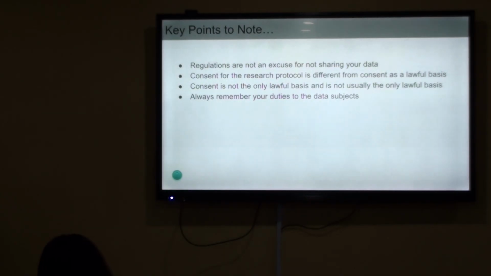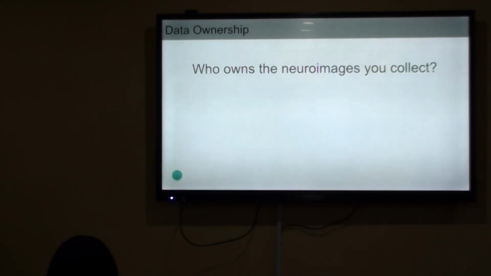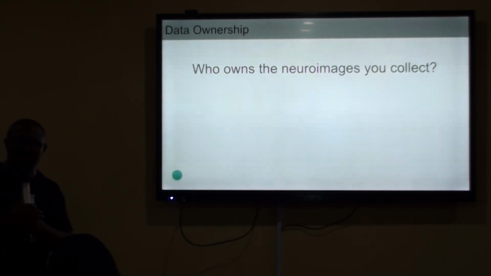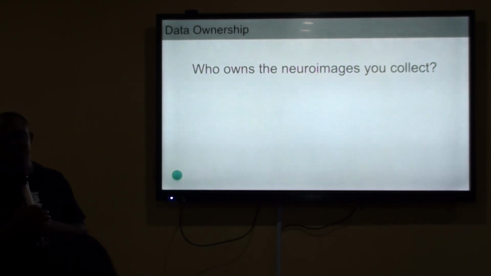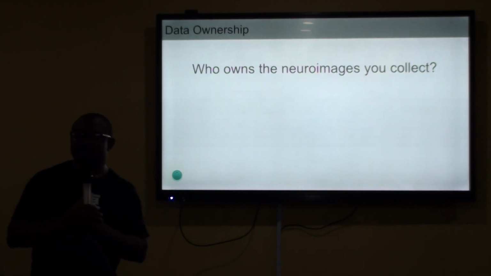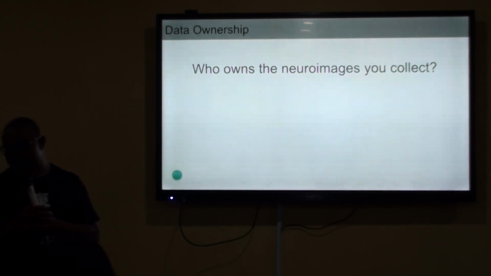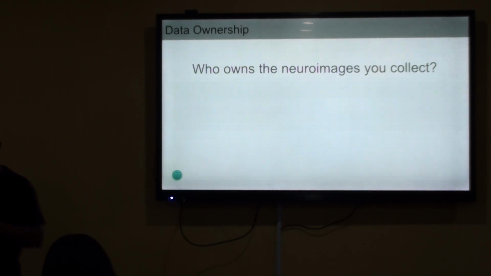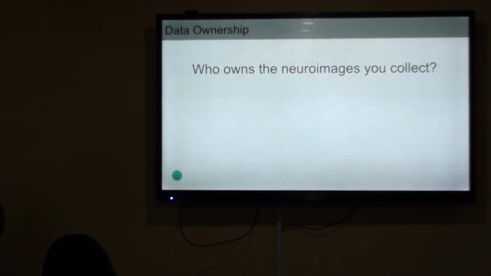Okay, that was what I wanted to talk about earlier: ownership of data. It's important for you to understand the idea of ownership of data, right? How many of you are collecting data sets and saving them on the cloud?